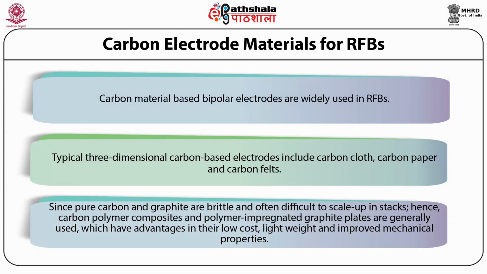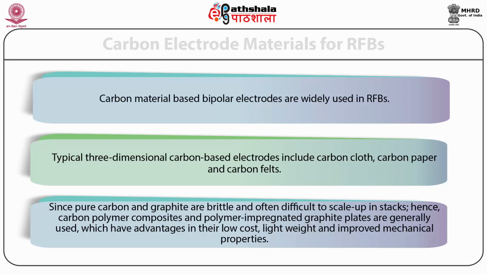Since pure carbon and graphite are brittle and often difficult to scale up in stacks, carbon polymer composites and polymer impregnated graphite plates are generally used, which have advantages in their low cost, light weight, and improved mechanical properties.